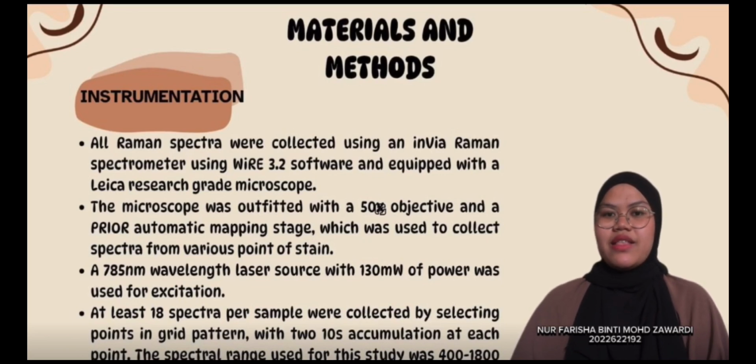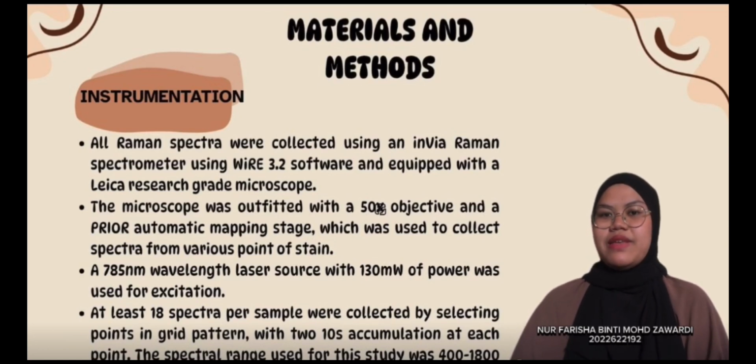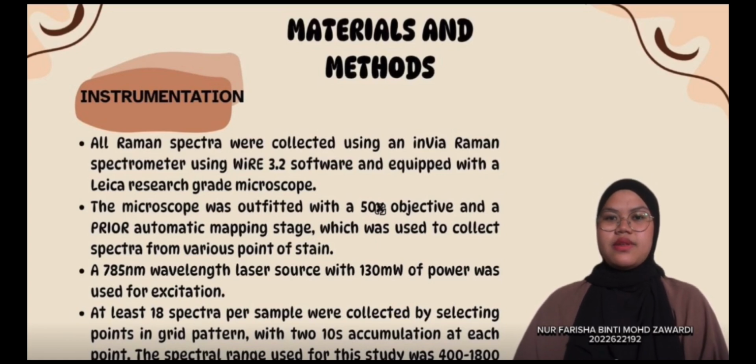A 785 nm wavelength laser source with 130 mW of power was used for excitation. At least 18 spectra per sample were collected by selecting points in a grid pattern with 2 times accumulation at each point. The spectral range used for this study was about 400 to 1,800 cm.